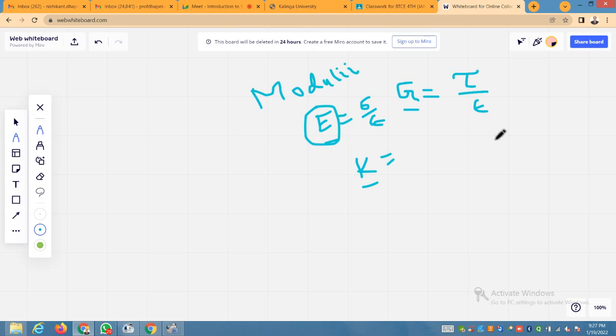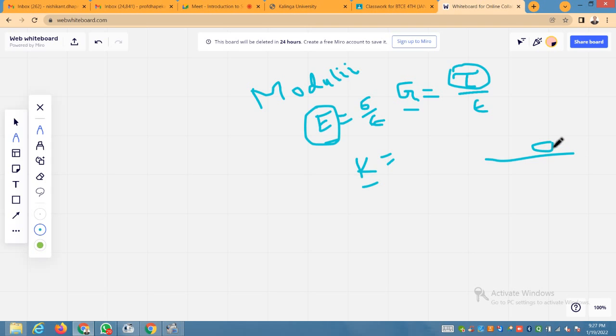Now let us take an example of what exactly the shear stress is. Do one small exercise. You pick one stone in your hand and rub that stone on plain ground surface or rough ground surface.